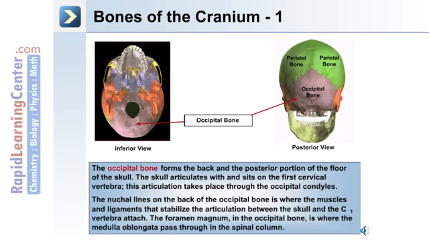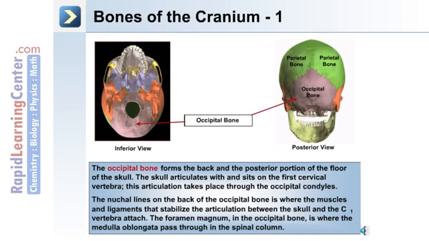Now let's review the bones of the cranium. At the back and base of the skull is the occipital bone, which contains the foramen magnum. The 2 parietal bones also contribute to the back of the upper part of the skull. The skull articulates with and sits on the first cervical vertebra, and this articulation takes place through the occipital condyles.